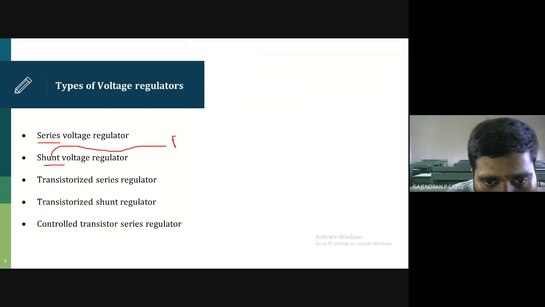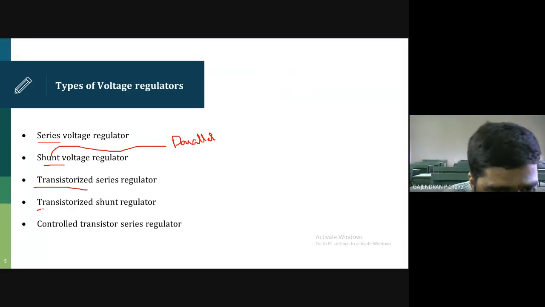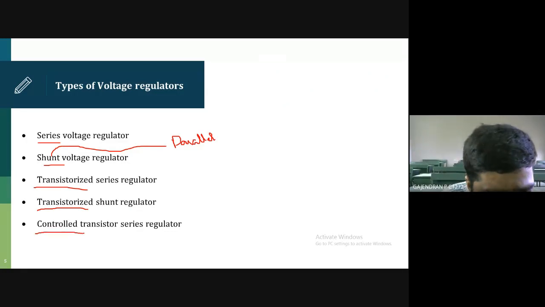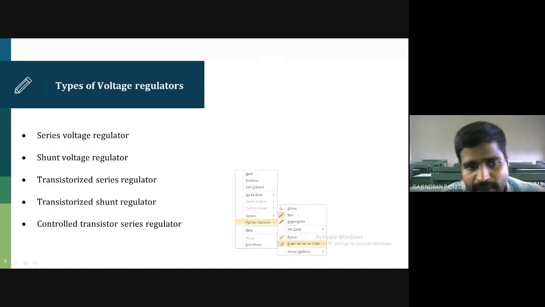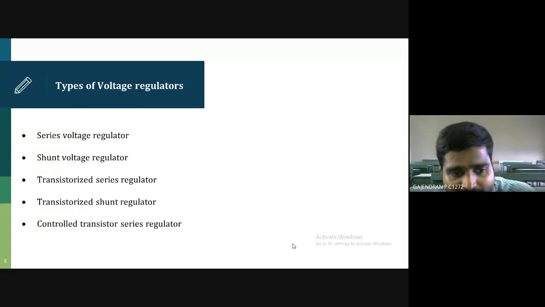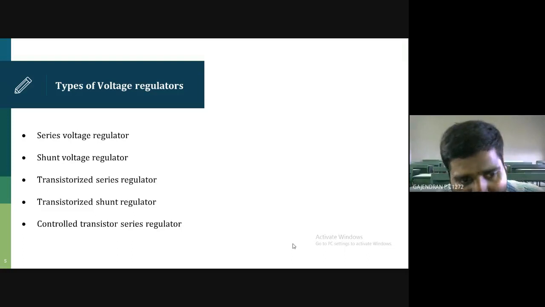What is another name for shunt? Parallel. Then transistorized series regulator, transistorized shunt regulator, then controlled transistor series regulator. Have you noted down the types of regulators? Now we will see them one by one.